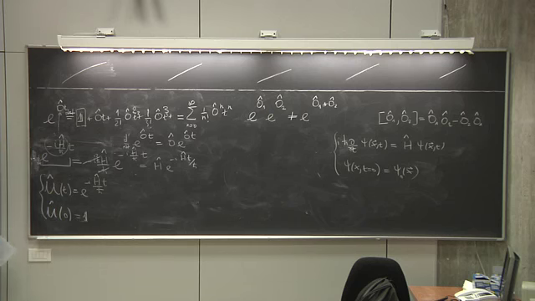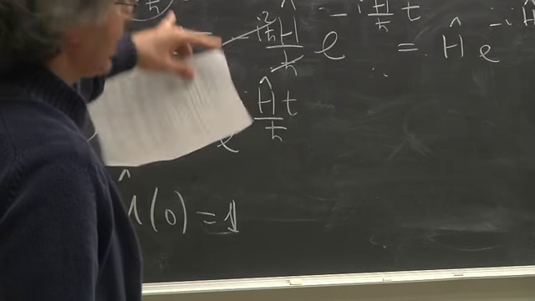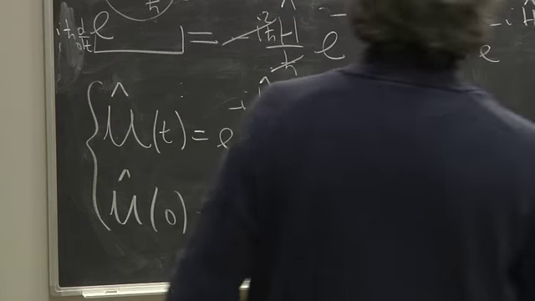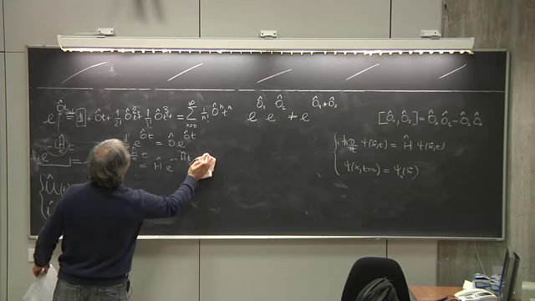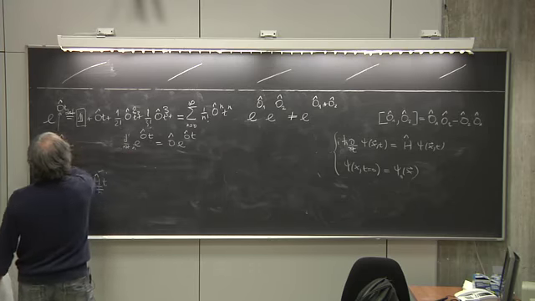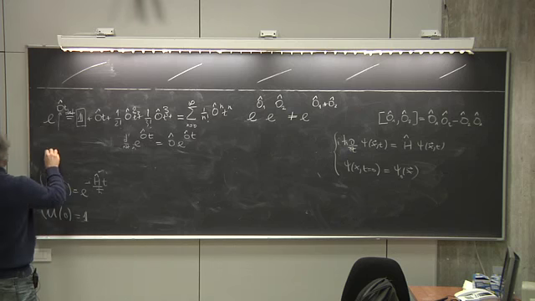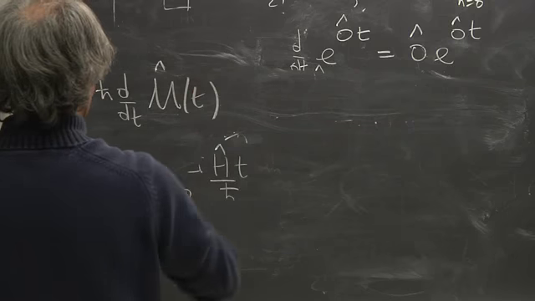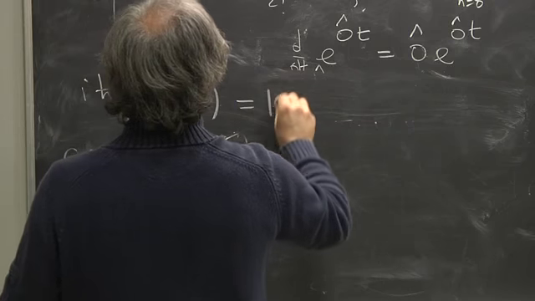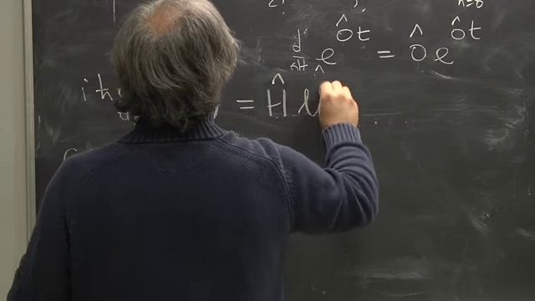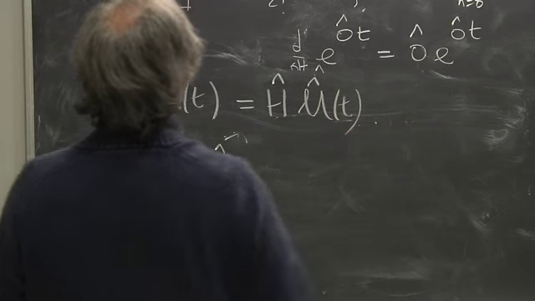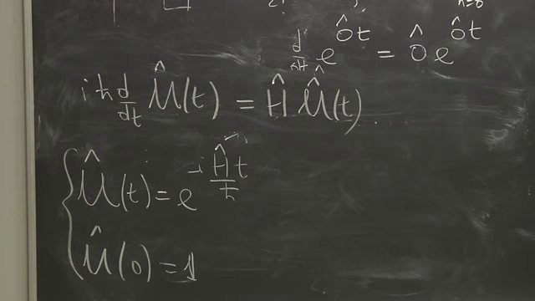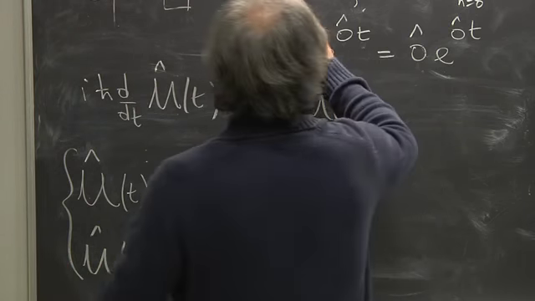All right? So the equation that I have there, let me rewrite it a little bit cleaner, is that i h bar times the derivative with respect to time of the evolution operator, this exponential here, is equal to the Hamiltonian times the evolution operator. This is what I just showed you before.